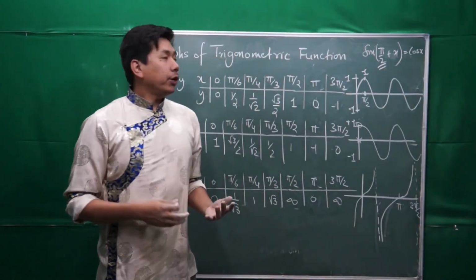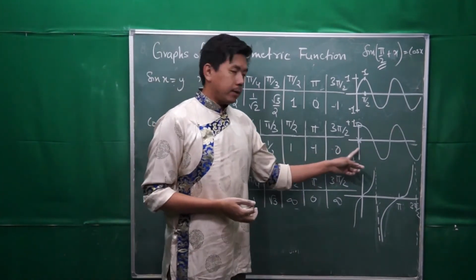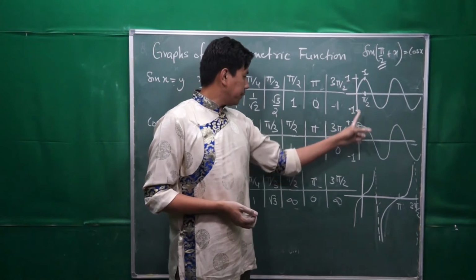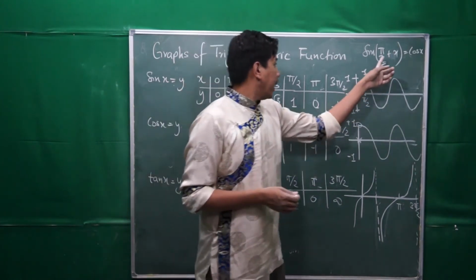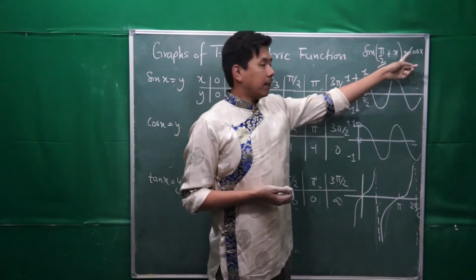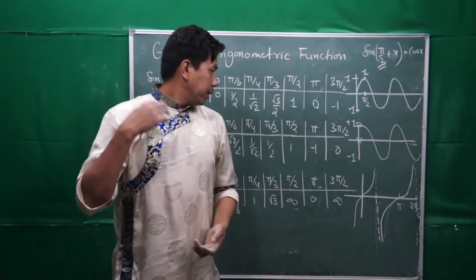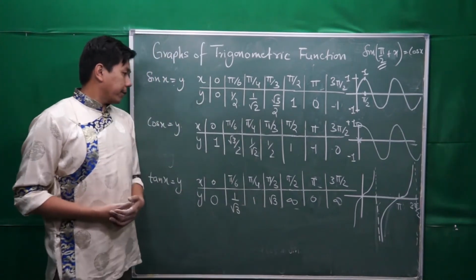You can understand this point through the graph. Since the difference is pi by 2 and we are adding the difference, which is pi by 2, therefore sine can be changed into cos. So that is the logic behind the complementary functions.